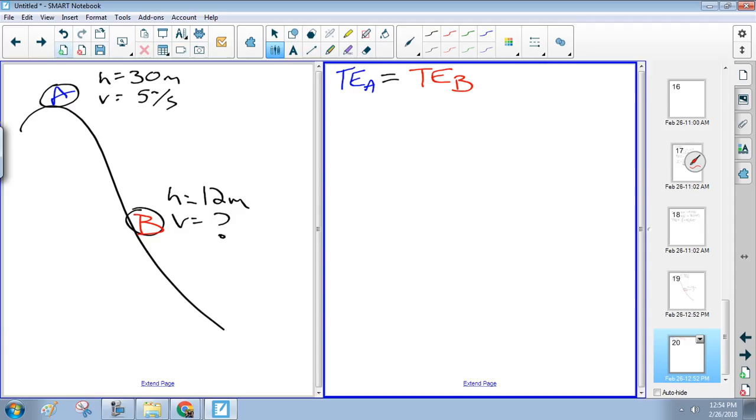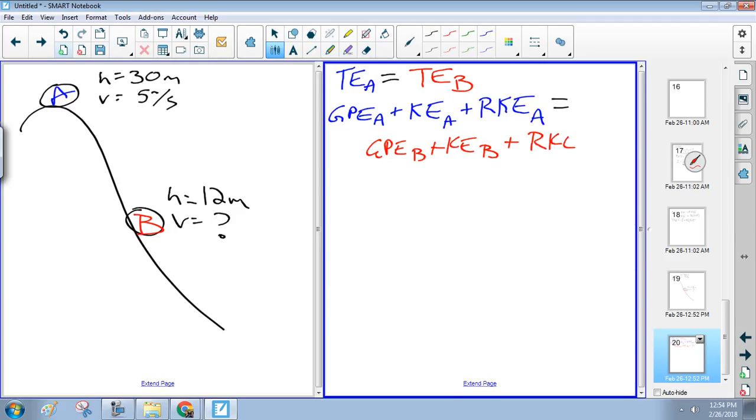So at point A, we're going to have GPE, KE, and RKE at point A. That all added together has got to equal the GPE at point B plus the KE at point B plus the RKE at point B. Cool?